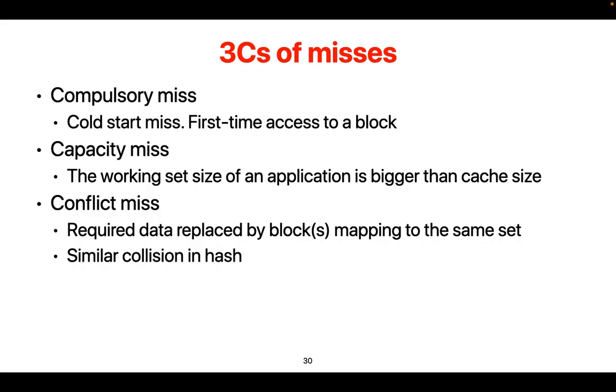And that reason is typically because the set cannot accommodate more blocks, so your block gets kicked out. That's called conflict miss, because multiple blocks are conflicting in the same set index, and I cannot accommodate all of them. Three different types of miss.